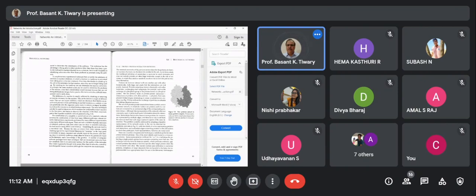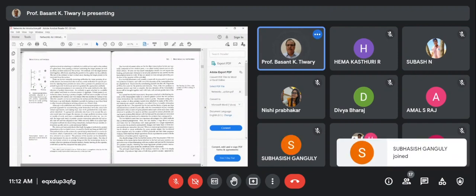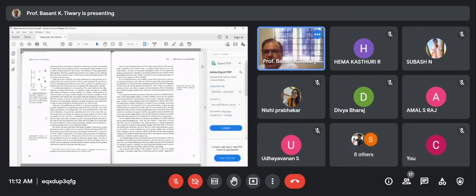By co-immunoprecipitation we can identify the protein interaction, number one. Number two is that co-immunoprecipitation is a practical approach for reconstructing an entire interaction network.